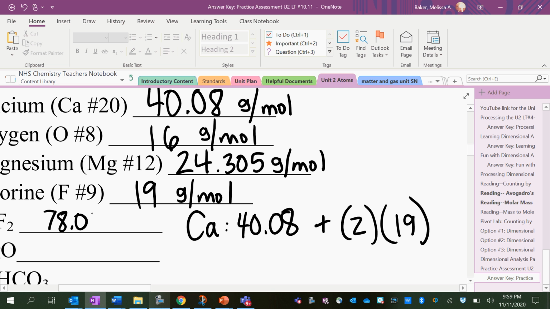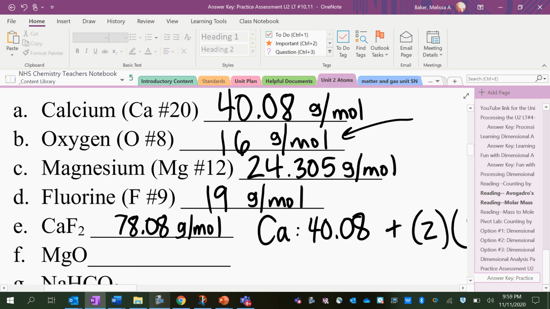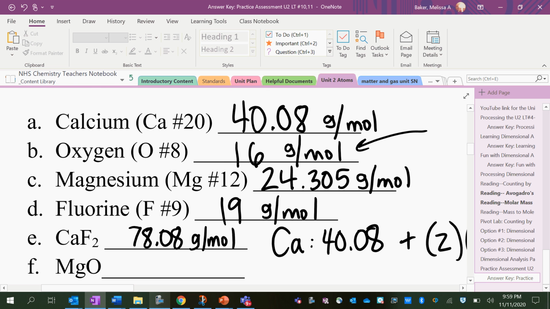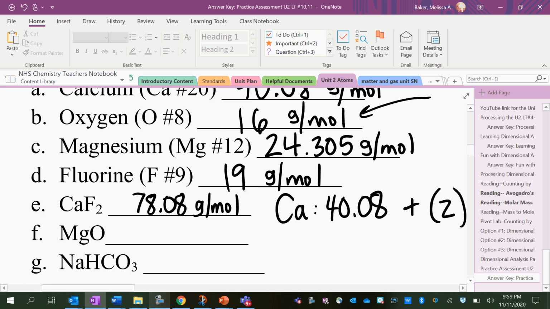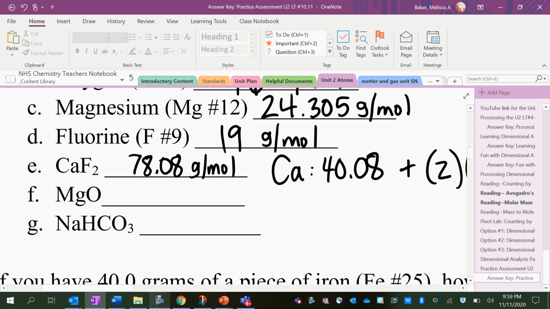A lot of people will ask about rounding the molar masses, and I would say just don't round as often as you can. There are exceptions, like oxygen is like 15.999 something. Same with fluorine. But just don't make it a habit to start rounding. Otherwise, you kind of get carried away and then numbers get to be really off.